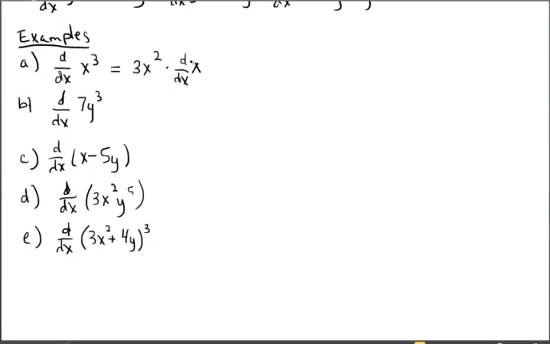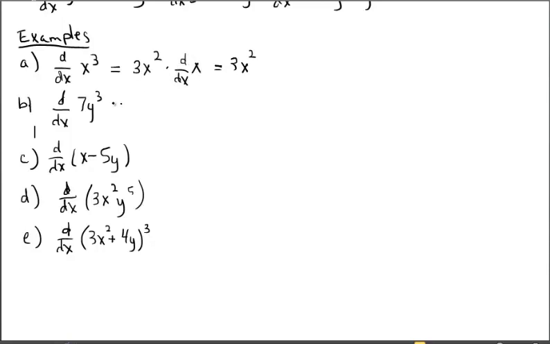Well, if you think about this, it's a rate of change of x with respect to x. This would look like dx over dx. That would simplify to 1. 1 times 3x squared is just 3x squared. So when the variables agree, we're technically applying the chain rule. It's just that we're multiplying by that clever form of 1 here.